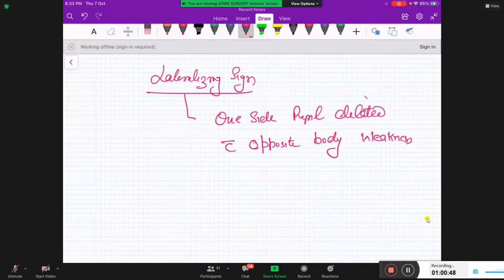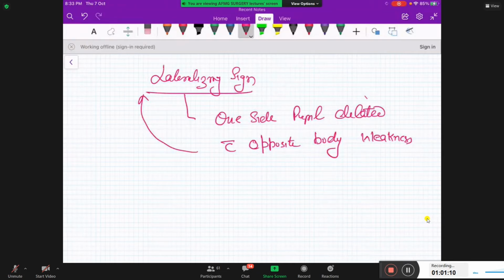The patient will come with a pupil dilated on one side and weakness of the body on the opposite side. If any patient comes to you with this kind of sign, first of all, it is called lateralizing sign.